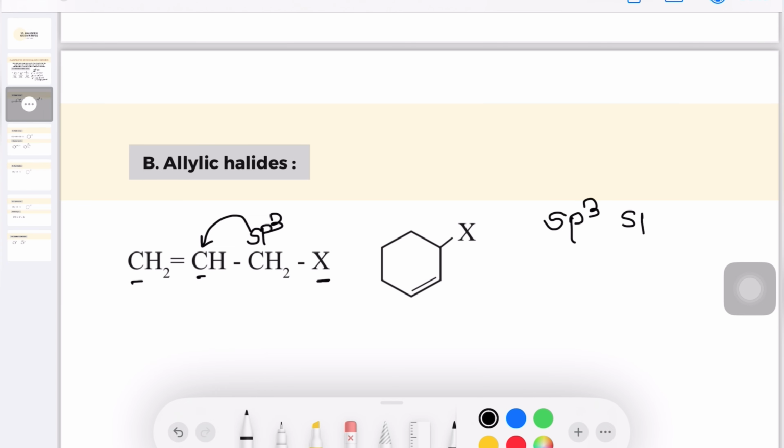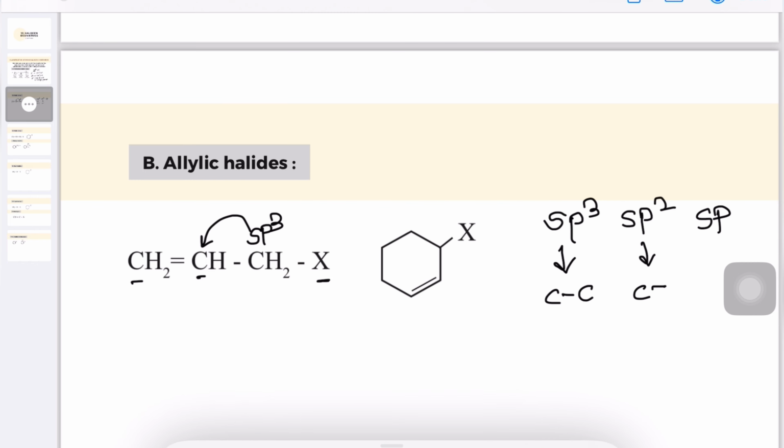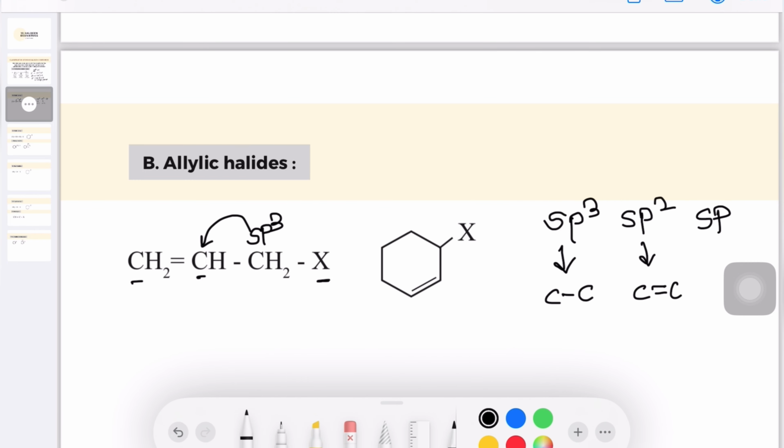There are three types of hybridization in hydrocarbons: sp3, sp2 and sp. In sp3 hybridization, there is a carbon-carbon single bond. In sp2 hybridization, there is a carbon-carbon double bond, and in sp hybridization, there is a carbon-carbon triple bond. So in alkyl halides the halogen is attached directly to an sp3 hybridized carbon atom, and in allylic halides that sp3 carbon is next to the carbon-carbon double bond. Such systems are known as allylic halides.